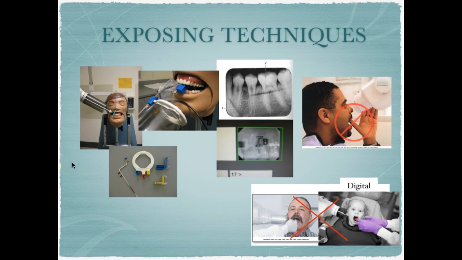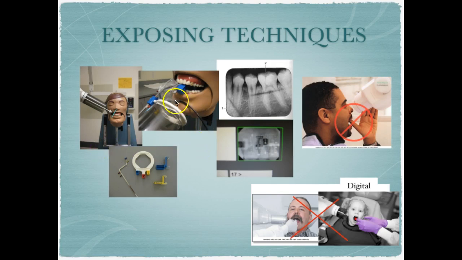Exposing techniques. So using good technique as far as PID position, image receptor position to avoid retakes. You can use either the bisecting or the paralleling technique, but you must use it properly. If you're using an image holder, you have to make sure that you are actually putting it together properly in order to avoid retakes.